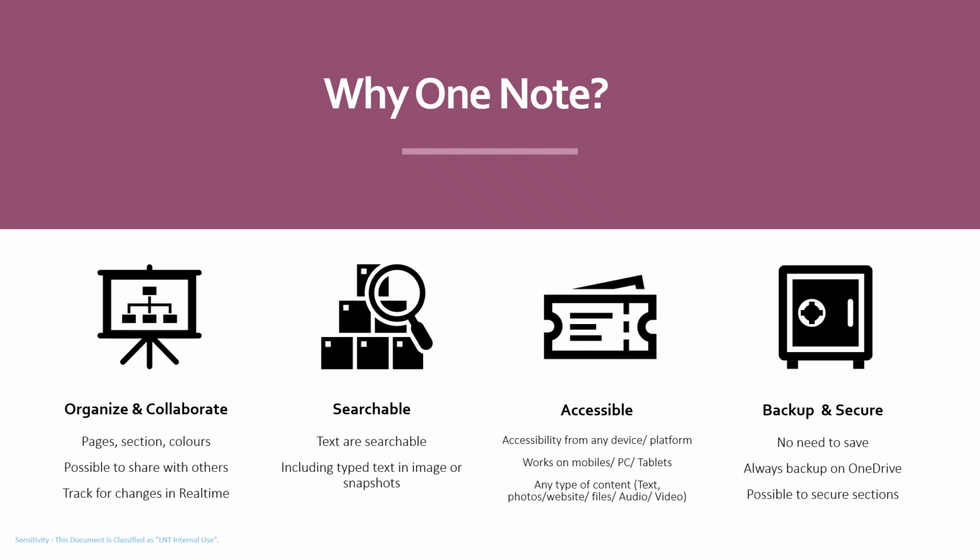Even if you are using some other PC or other location with your company email ID, you are still able to access the OneNote file in any browser. So it is accessible, and very important and critical, backup is possible because the data is always saved. It is just like your notebook.